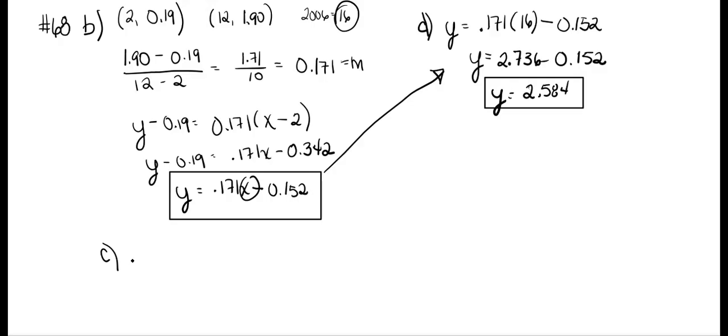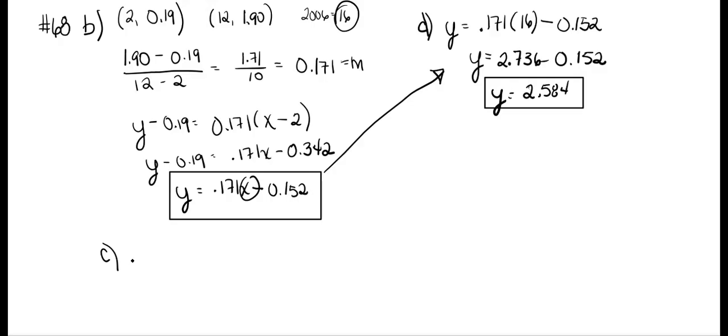So basically all that means is that the average increase per year from 1992 to 2002 is 0.171. Okay? That's the average.